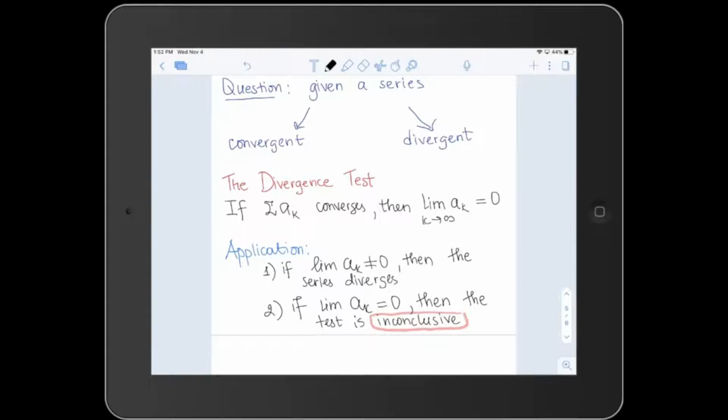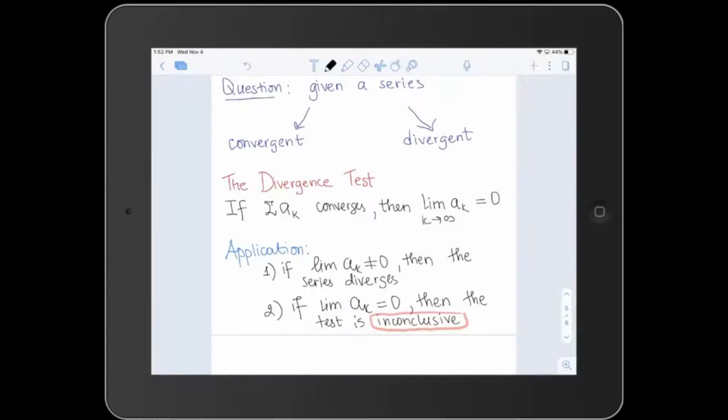So if the limit is non-zero, then the series diverges, which is the opposite of converges. But if the limit is 0, then the test is inconclusive. We can't come up with one conclusion or the other, which means what? We would just move on and say, all right, this test does not work. We need to apply something else.